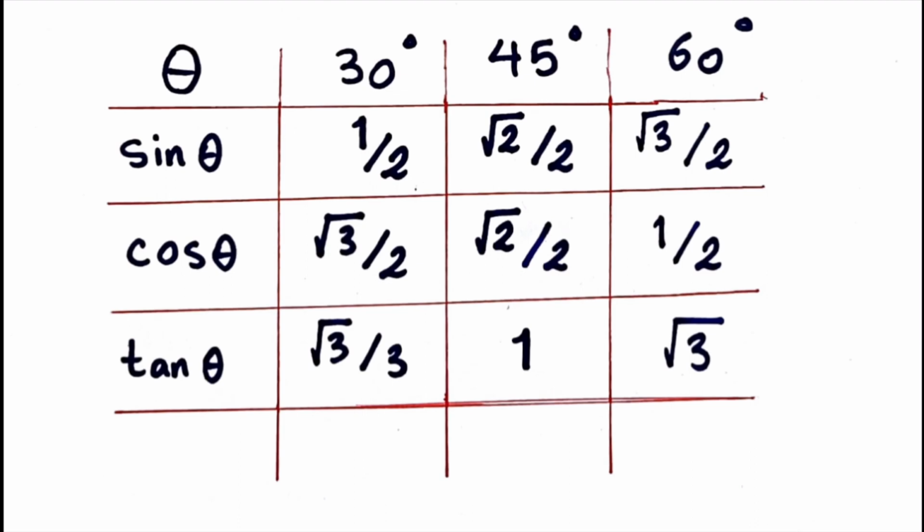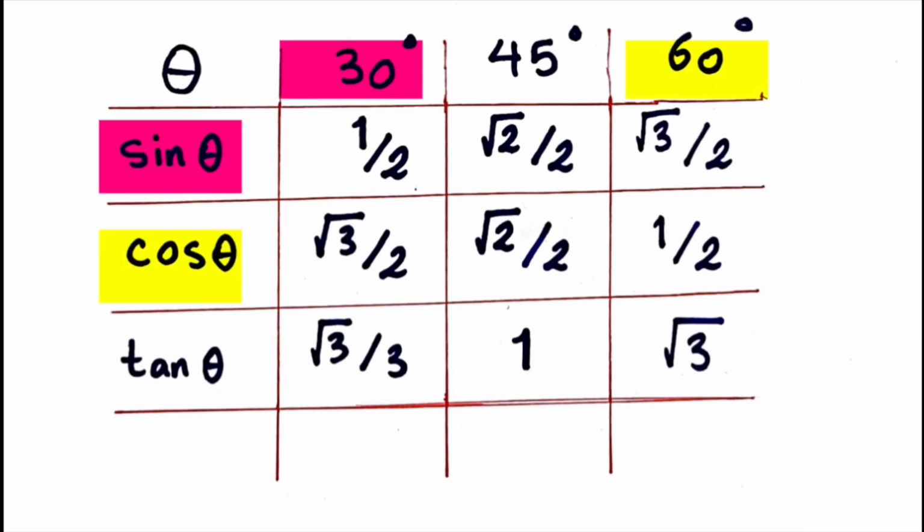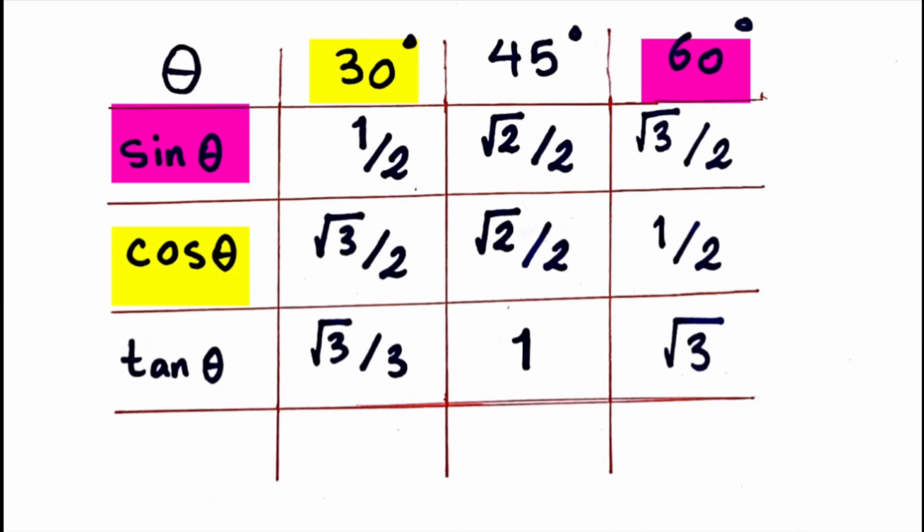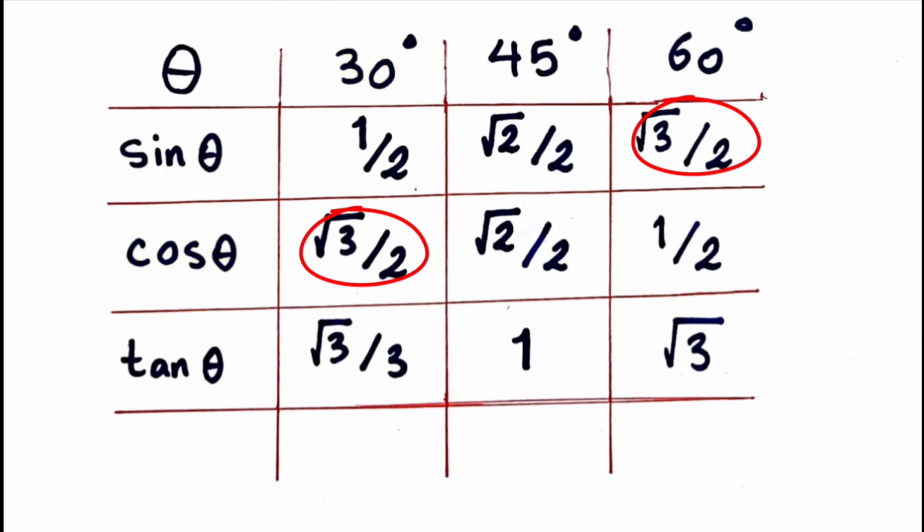Let's do this together. Sine of 30 degrees and cosine of 60 degrees are equal to each other, and their value is equal to 1/2. Cosine of 30 degrees and sine of 60 degrees are equal to each other, and their value is equal to radical 3 divided by 2.